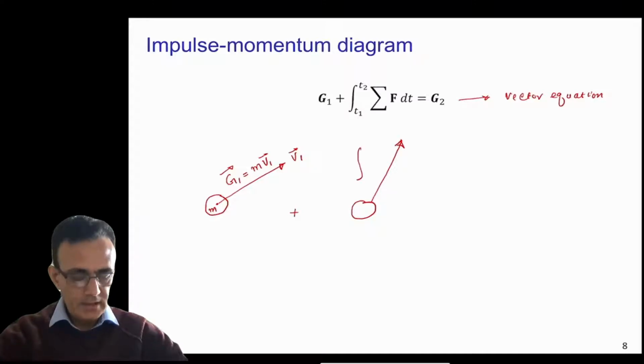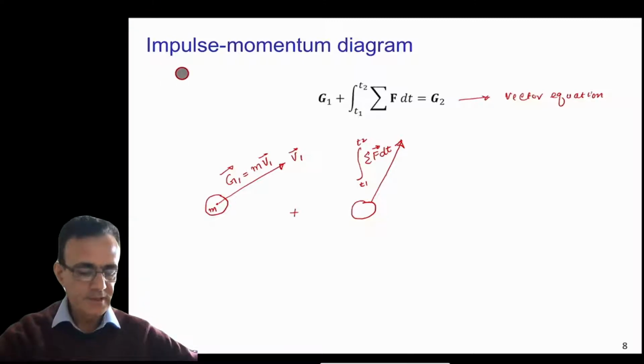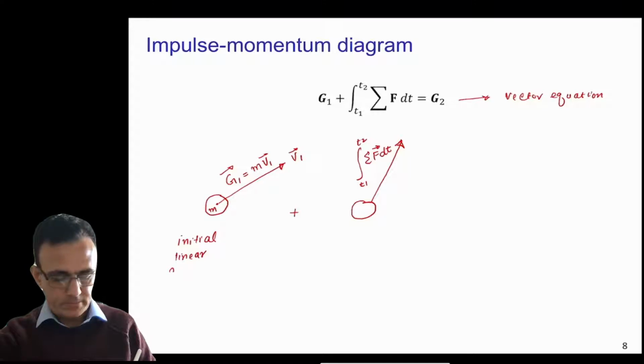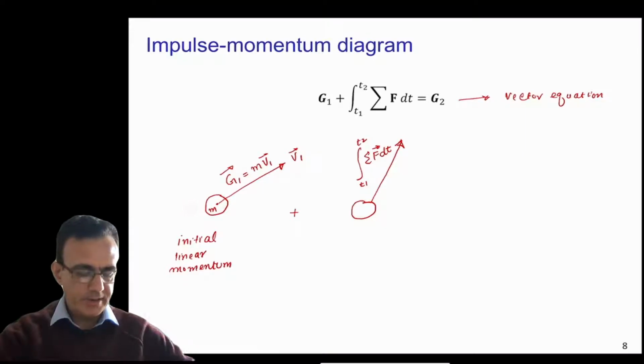So this is the impulse, which is from t1 to t2, of the summation of all the forces times dt. This was our initial linear momentum, and this was the linear impulse.